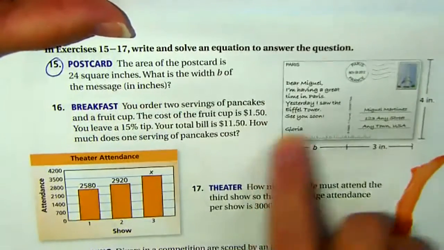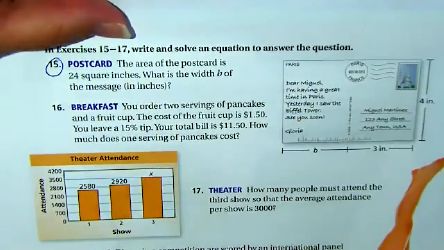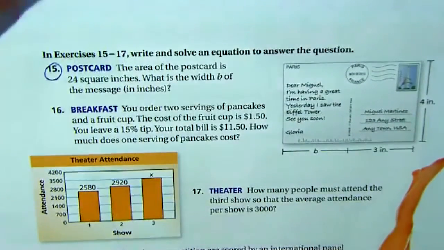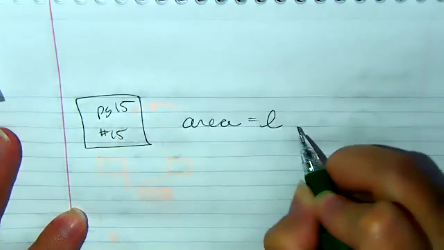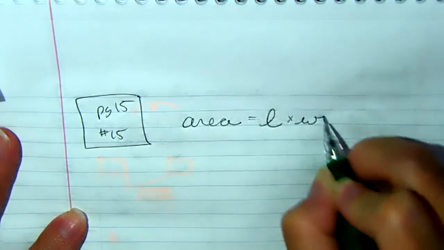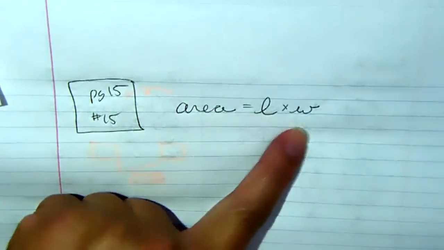So here's our postcard, and the whole area is 24 inches. Okay, we know we are on page 15, number 15. We know that area of a rectangle is equal to the length times the width.